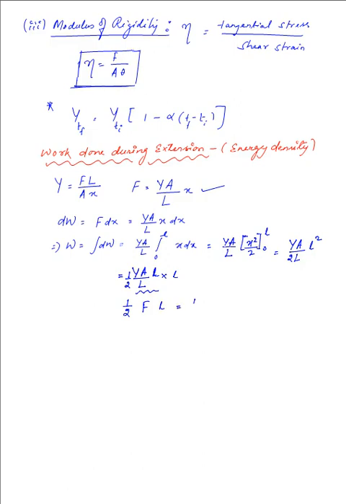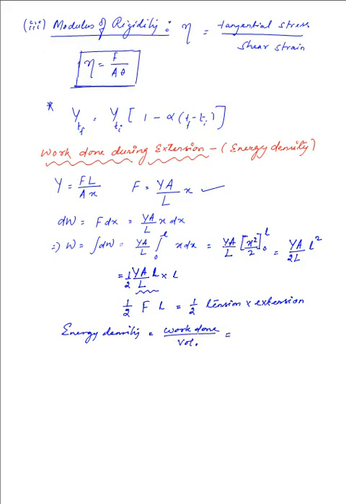So that is half times the tension times the extension. Now force into length is going to give me the work, and the energy density that we had considered is nothing but the energy per unit volume, and this energy is nothing but the work done. The work done is stored in it in the form of potential energy, as we know.